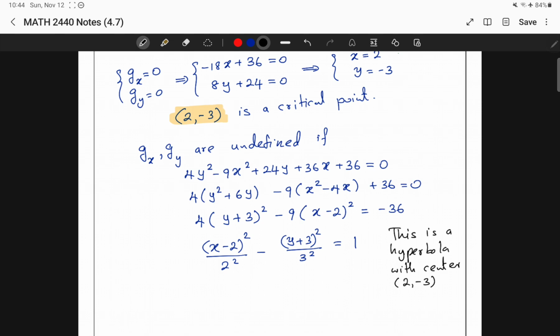Now all the points on this hyperbola are critical.